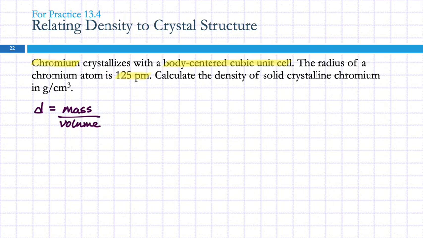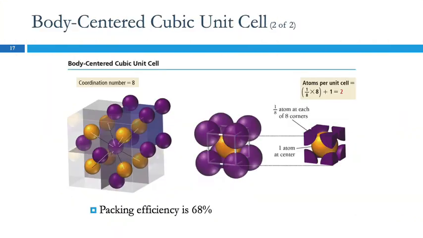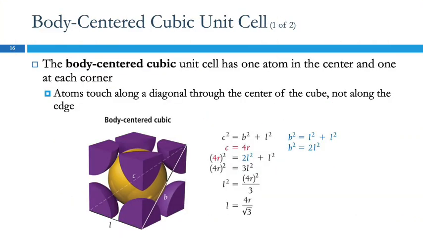Could we calculate the volume of this unit cell? Sure, we did that previously, right? So we've got our unit cell here, and it's that body-centered, so it's 4r over the square root of 3.